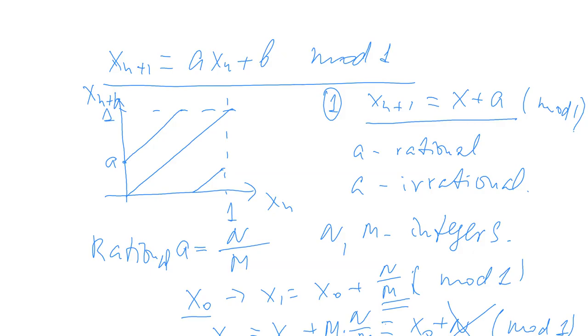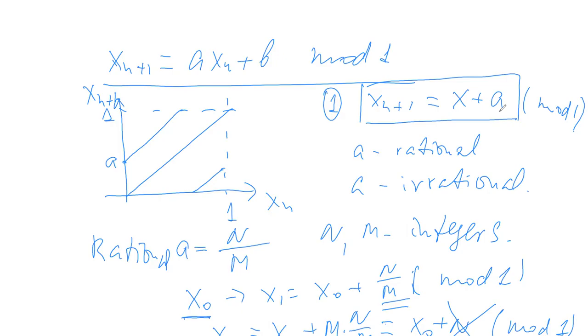Therefore, we started with x naught, and after m iterations, we got x naught again. We got a periodic solution. So this is the first conclusion, at least in this map: if a is rational, then you will have a periodic solution.